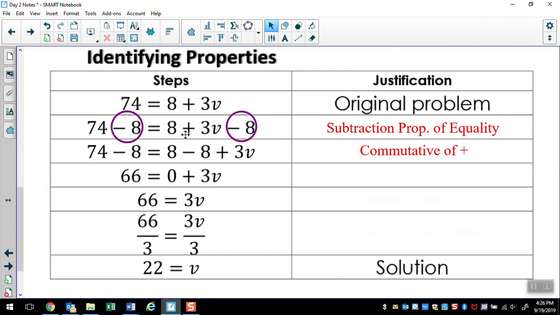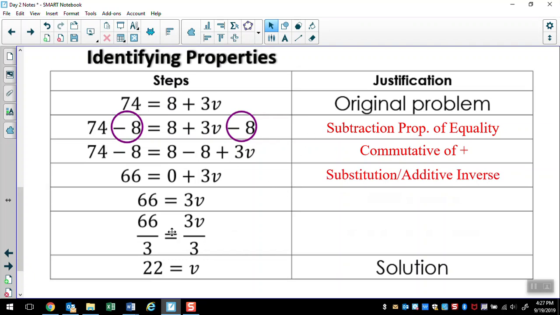This one, we have a more specific property. So if I add 2 numbers that are the same, and remember, subtraction is the same as adding a negative, if I add 2 numbers that are inverses, we get 0. So that's our additive inverse property. So this one here we'd identify as substitution. This one we would identify as additive inverse. So I actually have them both listed, substitution and additive inverse.